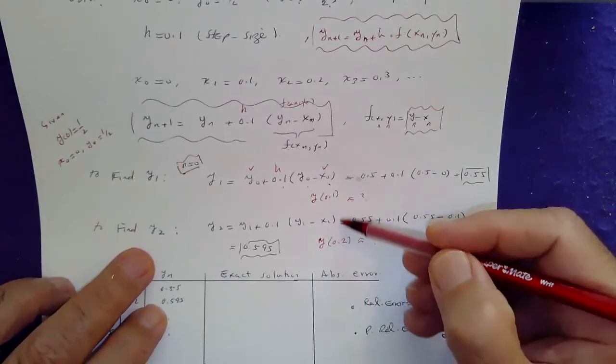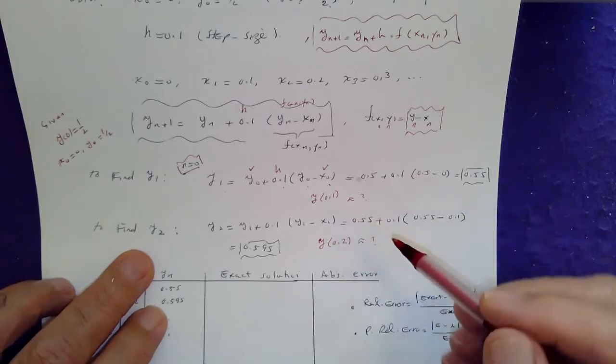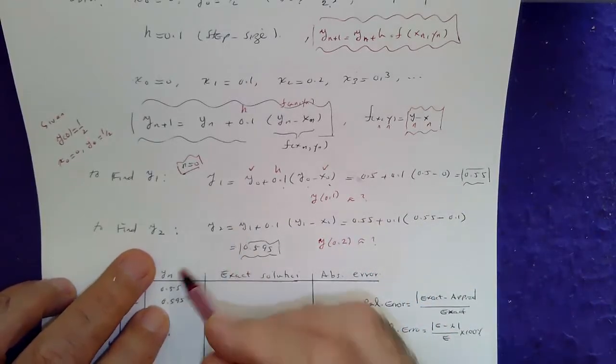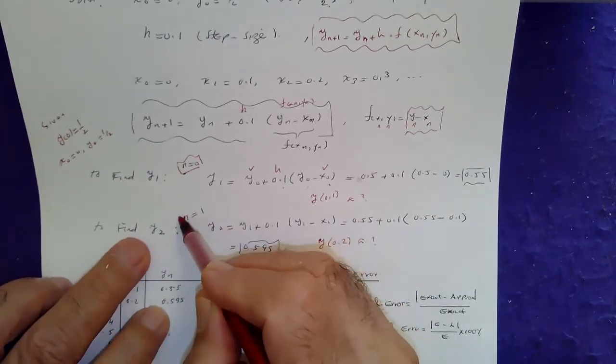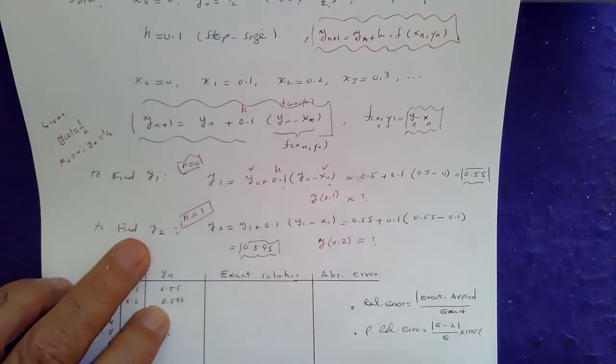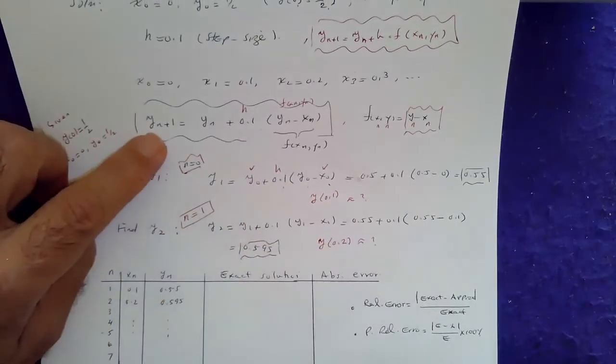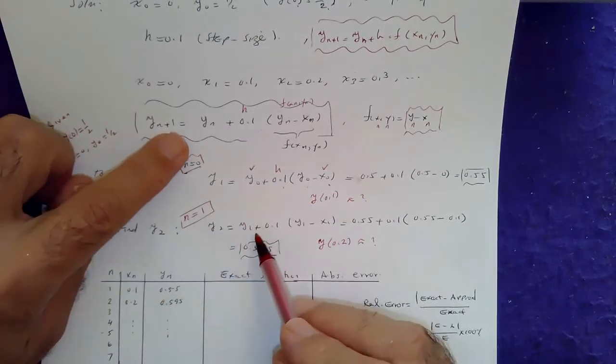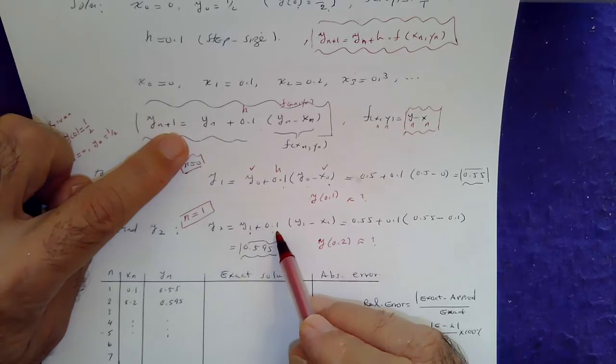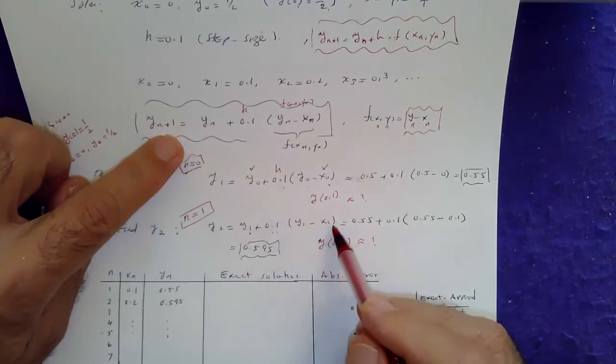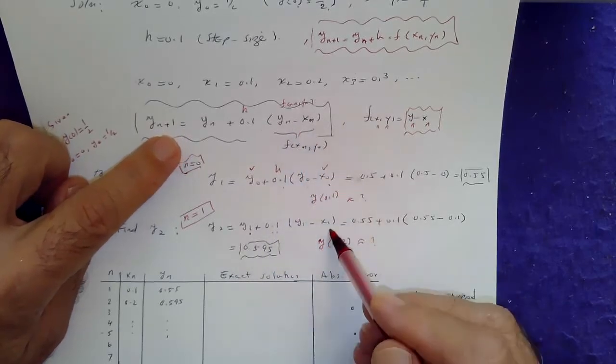Remember, we're incrementing the x by 0.1. This time you go to y2, so replace the n with 1 in the magic formula here. So you get y2 equals y1 plus 0.1, which is h, times the quantity y1 minus x1.